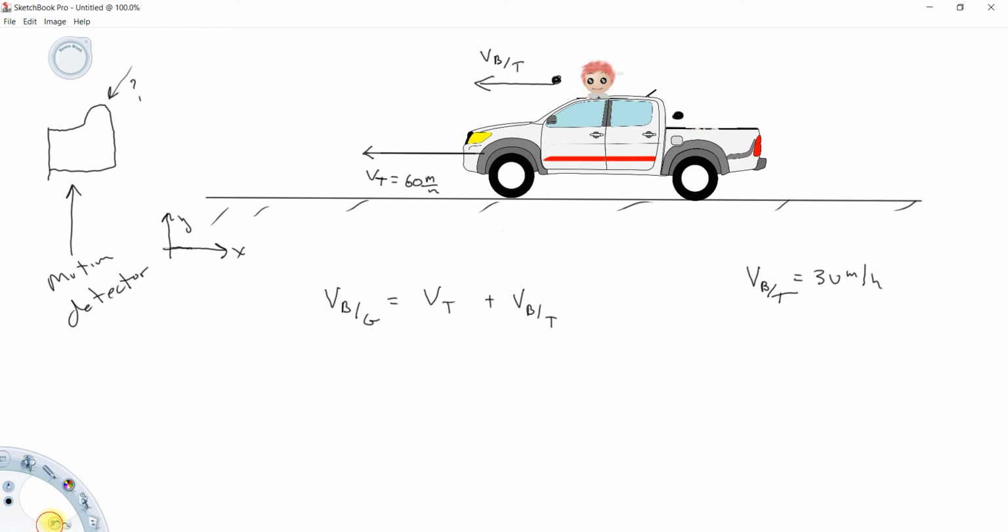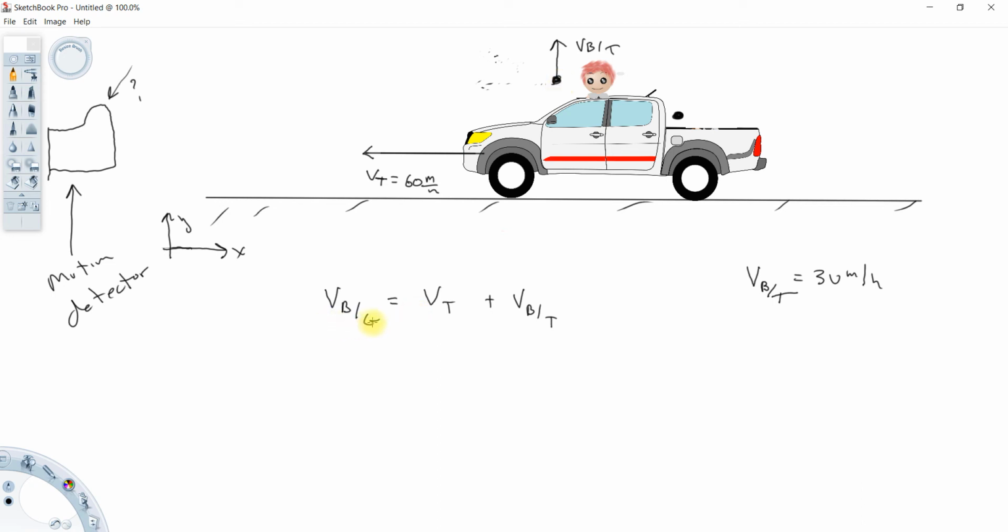All right, now, imagine now Timmy throws the ball straight up in the air, while the truck is moving. So now the velocity of the ball with respect to the truck is still 30 miles per hour up.